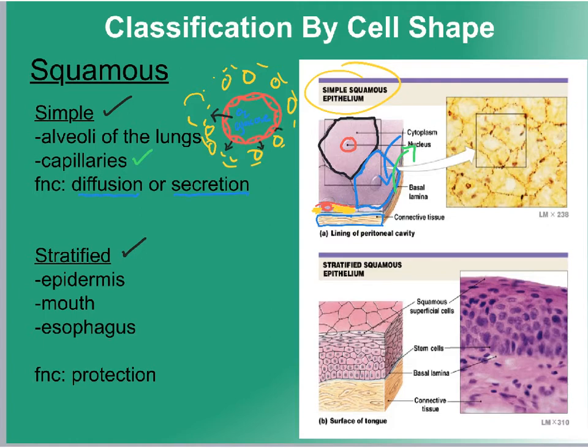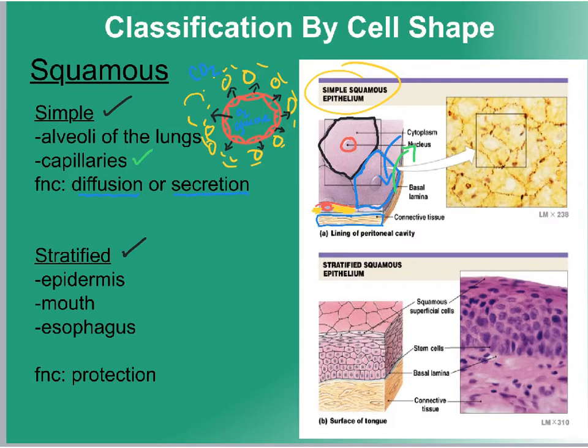So the thinner the wall of this capillary is, the easier these molecules diffuse out. And in addition to that, and this is kind of getting ahead of ourselves, on the outside is going to be waste products like CO2.